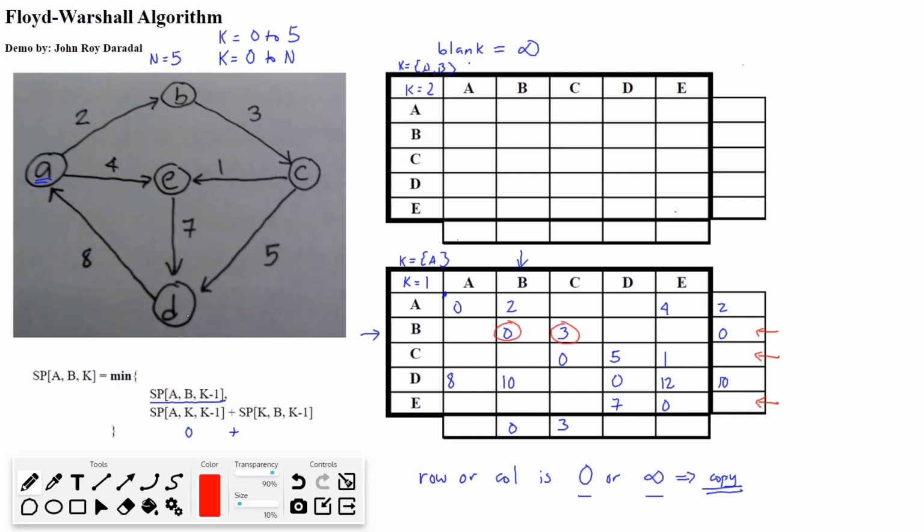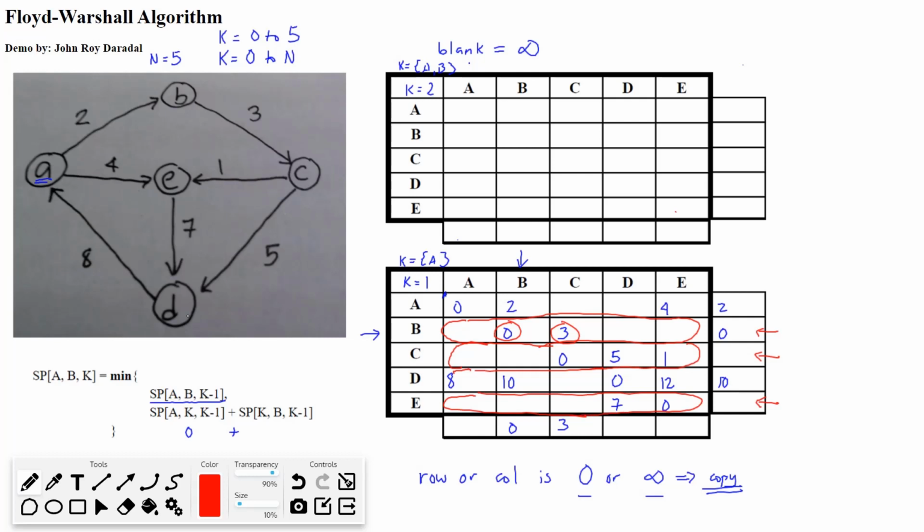This one, everything in this row can be copied. Okay, same with this row here. This should also be copied. So we won't change anything here. And finally, in the last row, we'll also copy this one.